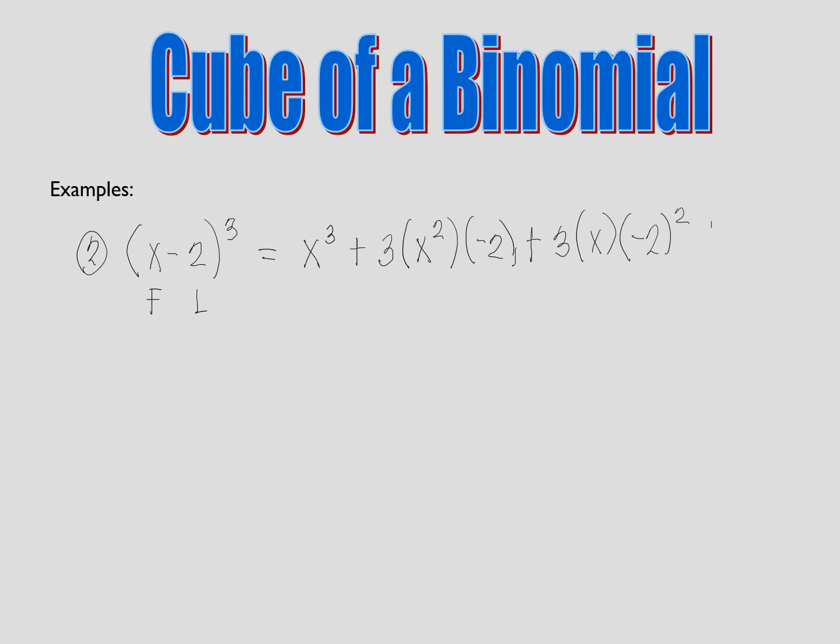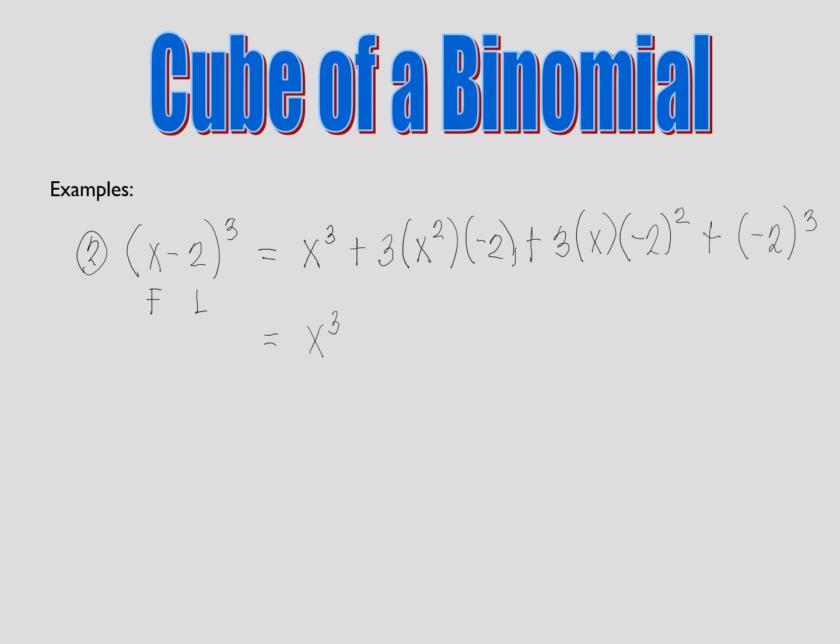After this, the last term of the product is the cube of the last term in the given. So our last term there is negative 2, raised to the power of 3. So we now have to simplify.